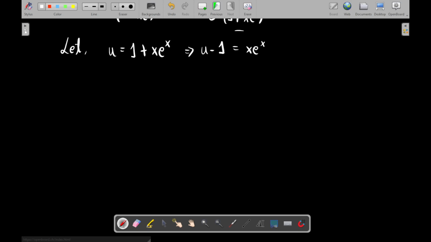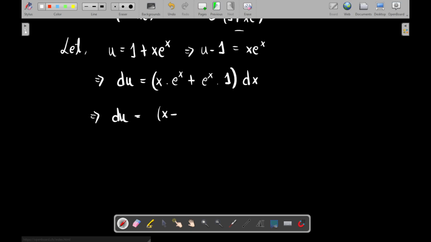So now if we do derivative on both sides, we get du, and this is the product rule, right? d/dx using the product rule, so it will be x times the d/dx of e to the power x, which is just e to the power x, plus e to the power x times the d/dx of x, which is just 1, right? So this is e to the power x times 1. The whole thing is multiplied by dx. Okay, so we have du is equal to, if we take e to the power x common here, (x plus 1) times e to the power x times dx.